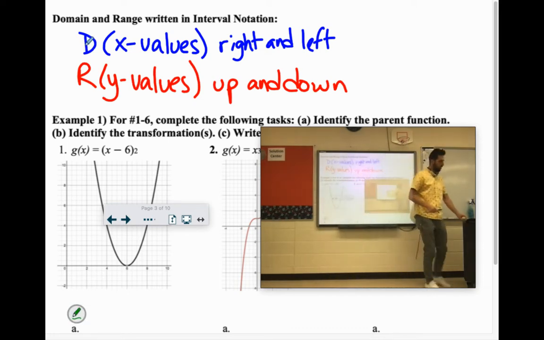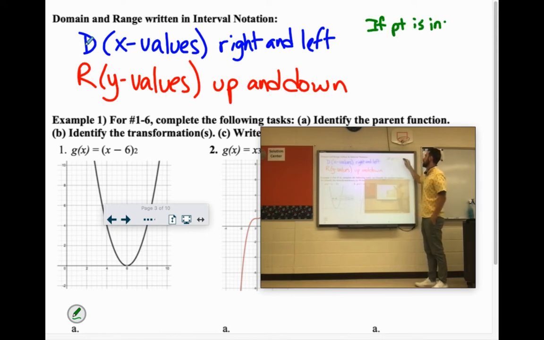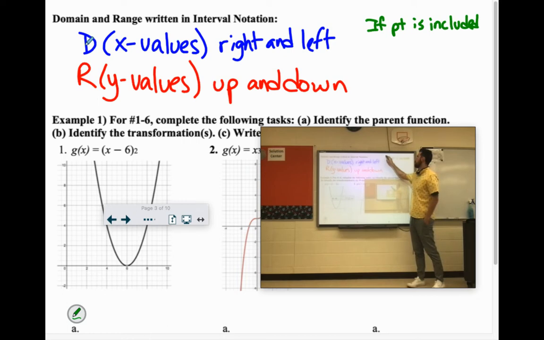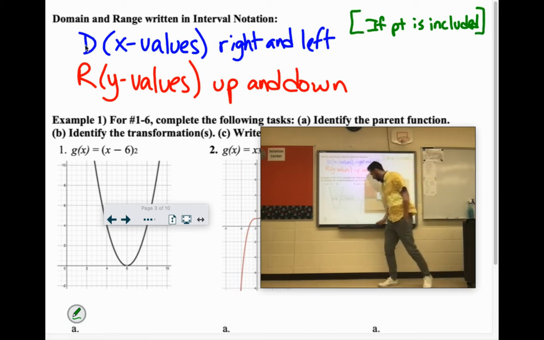So then the way we write in interval notation is if the point is included, you put a bracket there. So let's just put brackets around that.